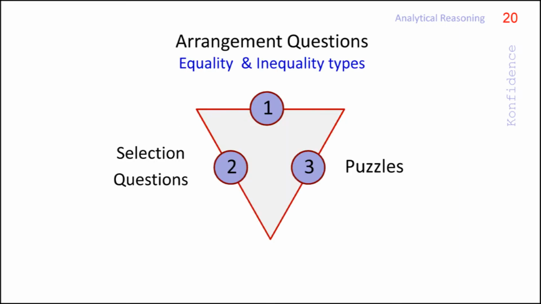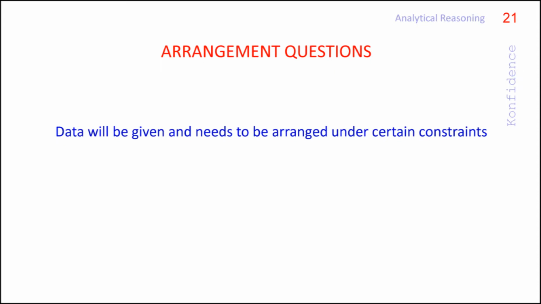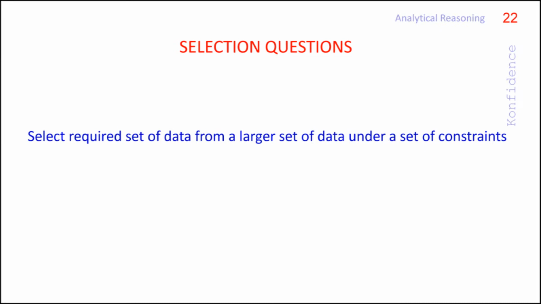1. Arrangement questions. 2. Selection questions. And 3. Puzzles. In arrangement questions, there will be data given, and under certain constraints, the data given needs to be arranged. In selection questions also, data is given.